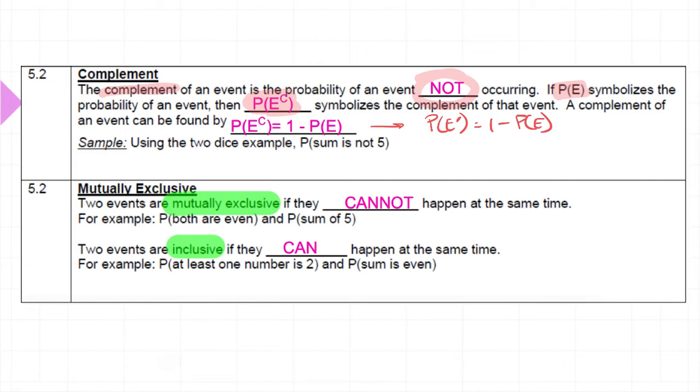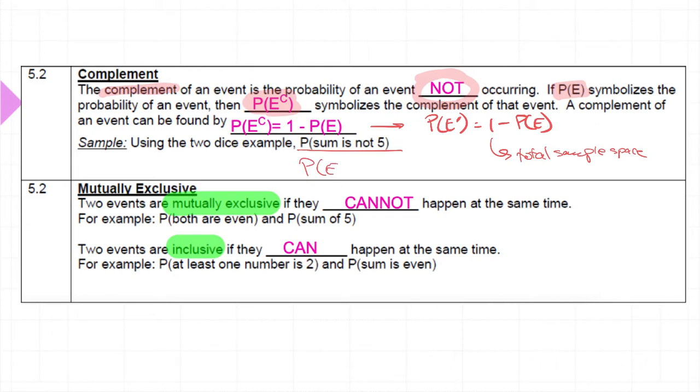So the probability of the complement of E is 1, which is the total sample space, so in our dice example, that's all 36 possible outcomes, minus the probability of our sum. So let's look at that. Using two dice, what's the probability of the sum not 5?